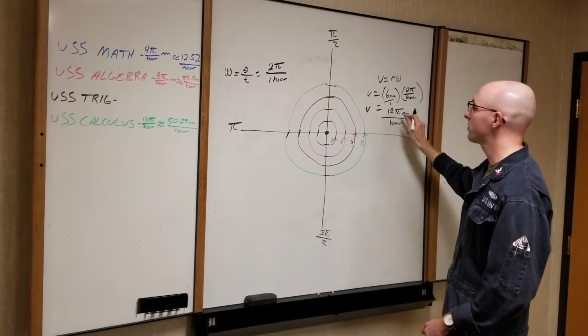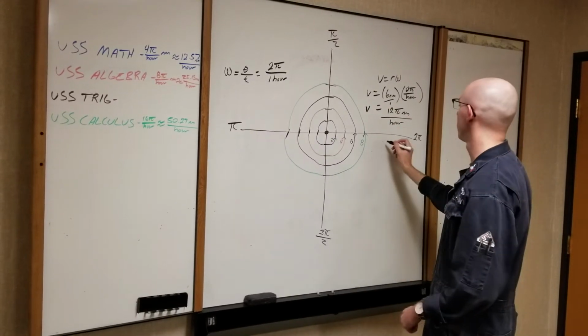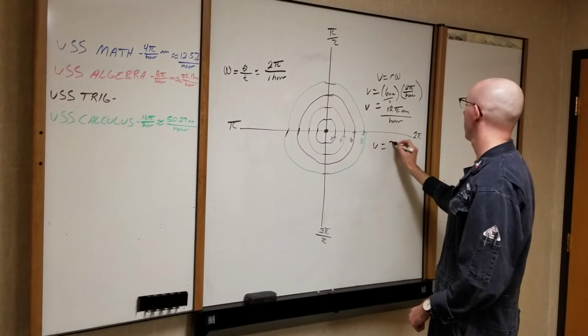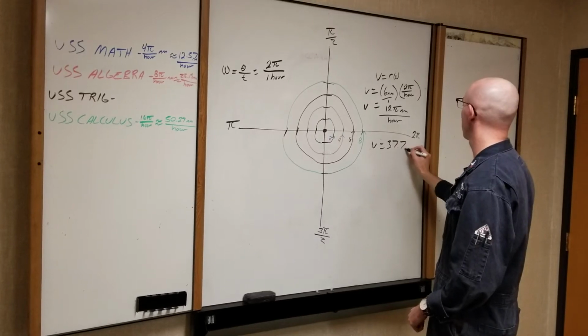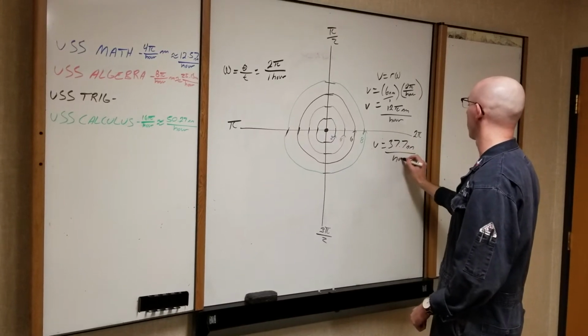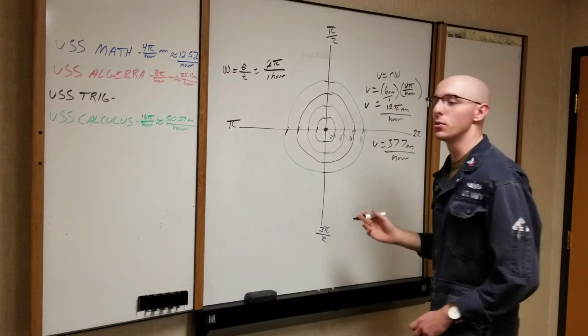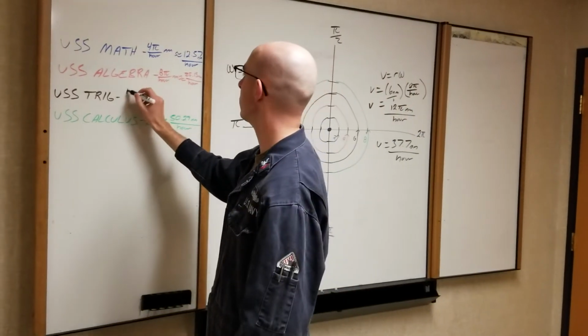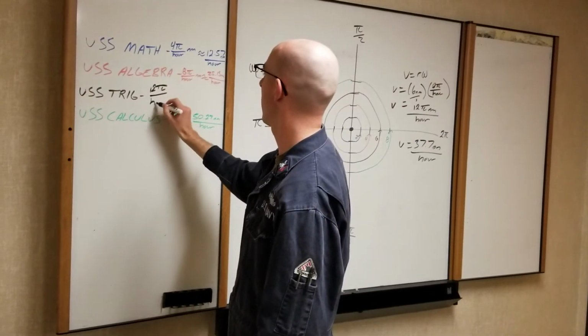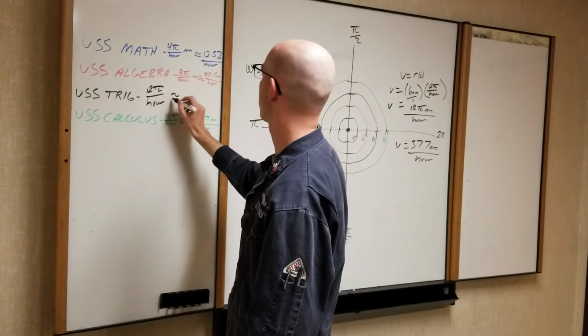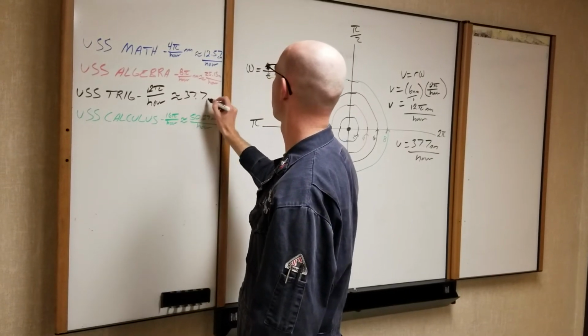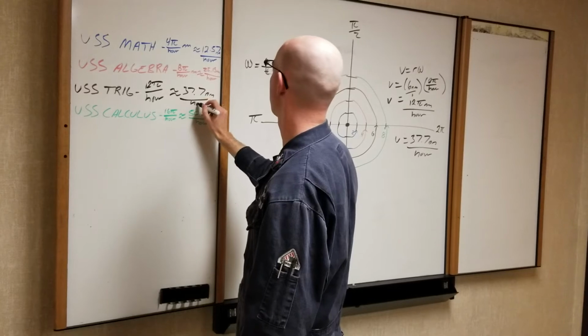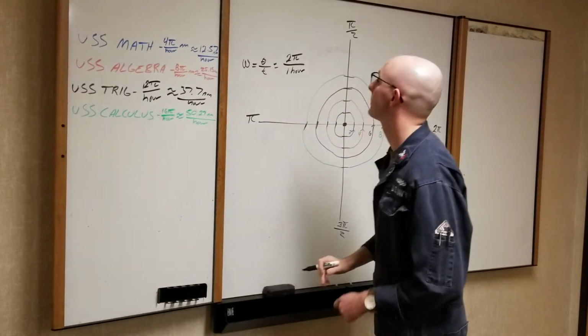So this would be our linear speed, or we could express that in decimal as 37.7 nautical miles an hour when rounded to 2 decimal places. So 12 pi an hour, or 37.7 nautical miles an hour.